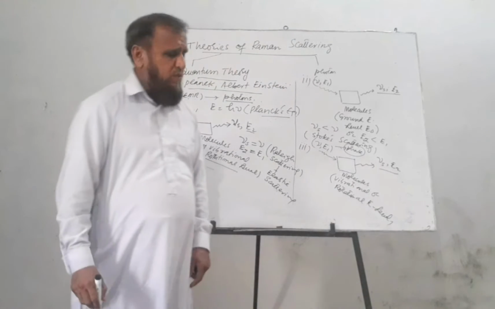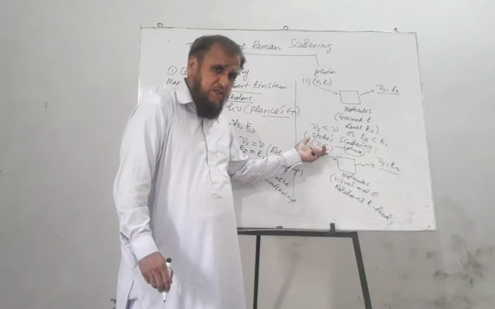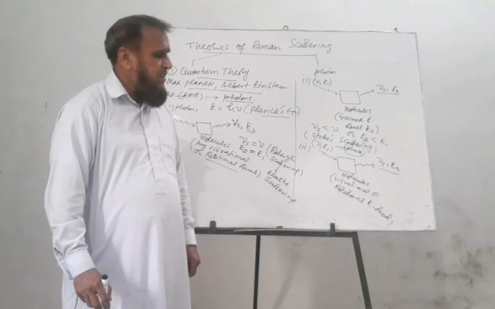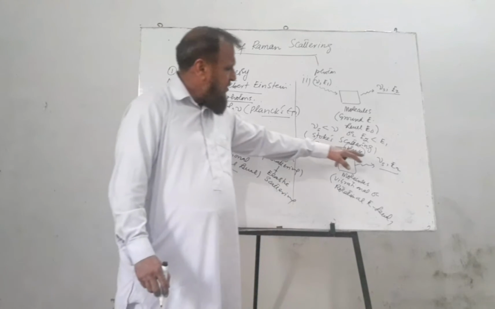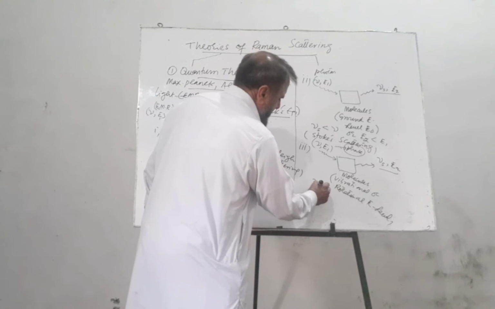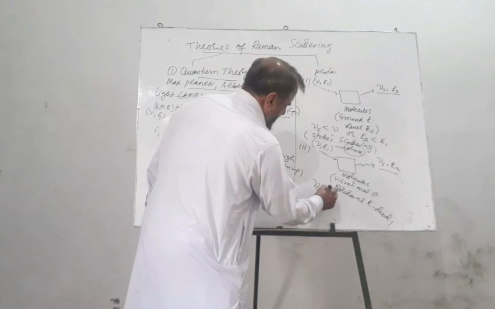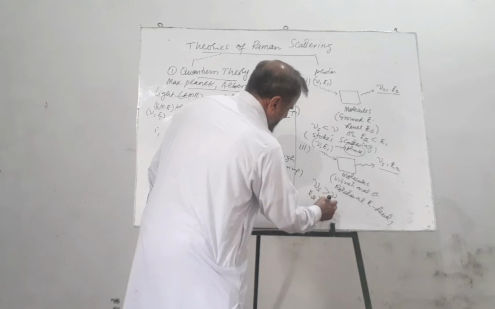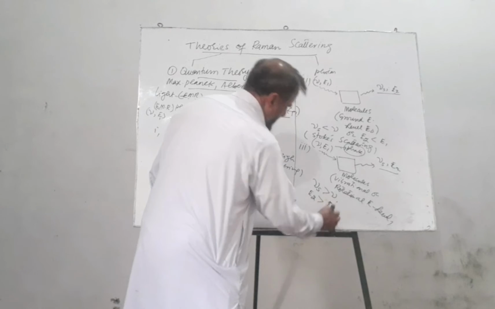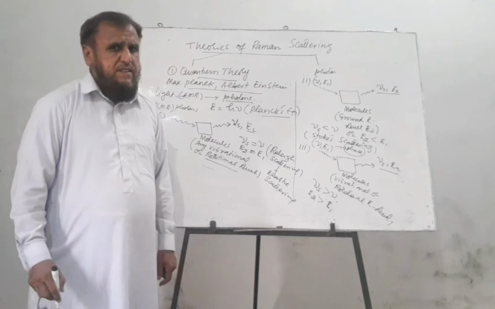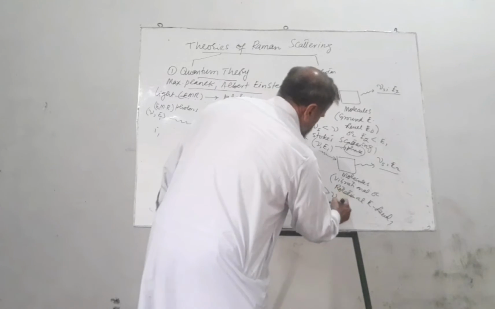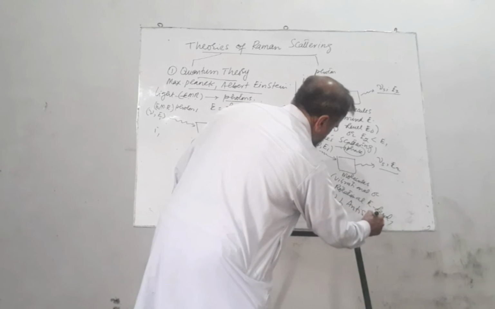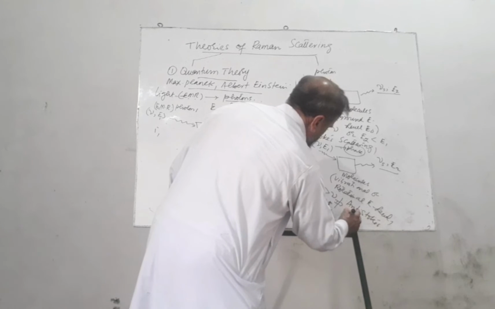As the molecules have given some energy to the radiation, the frequency and energy of the scattered radiation will increase, so nu s will be greater than nu, and E2 will be greater than E1. This increase in frequency or energy leads to anti-Stokes lines, which is also a type of Raman scattering.